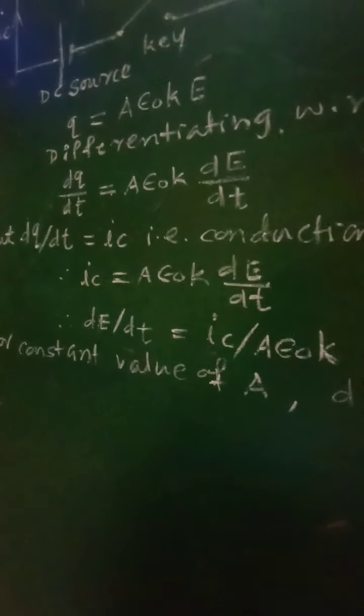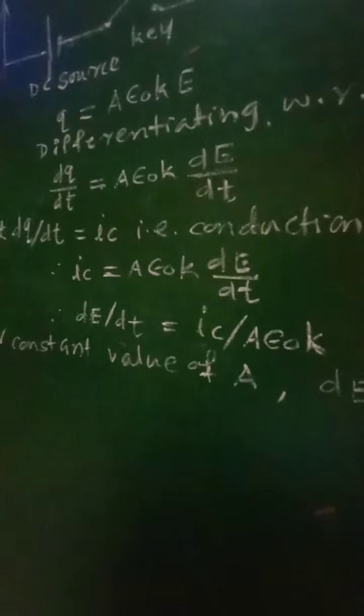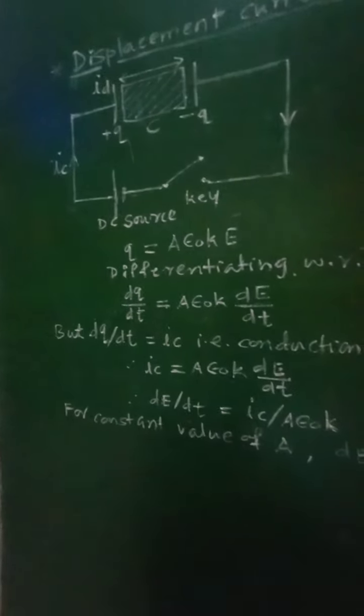This dE by dt, that is IC upon A epsilon 0 K, is called the displacement current.